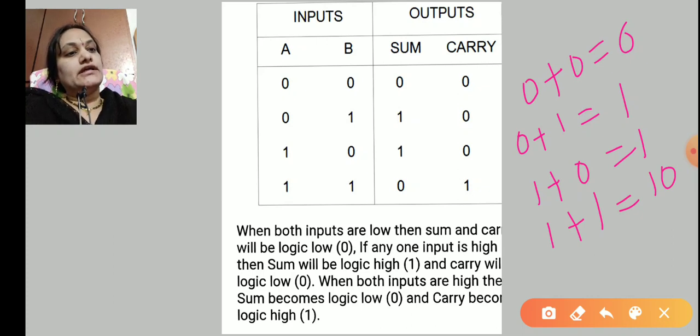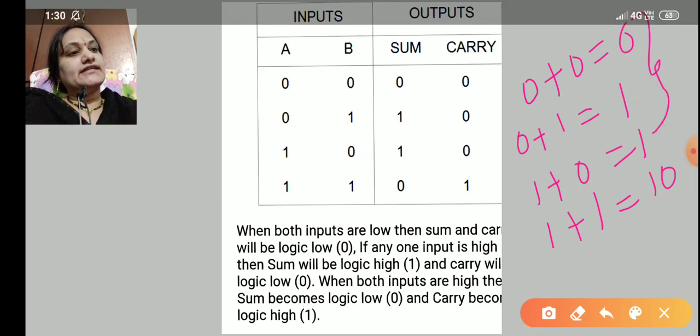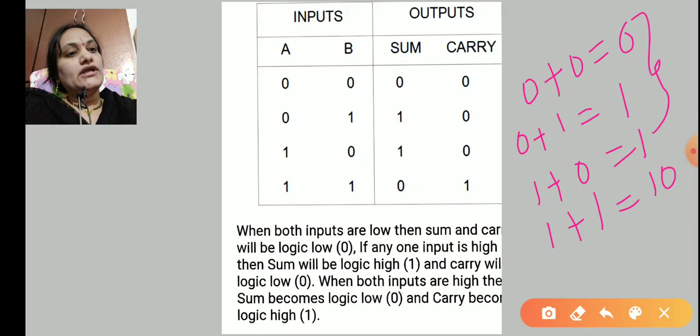Here in the above three cases you can observe that 0 is a single bit, 0 is a single bit. Now we are going to add up these two bits. So 0 plus 0 gives 0, 0 plus 1 gives 1, 1 plus 0 gives 1.